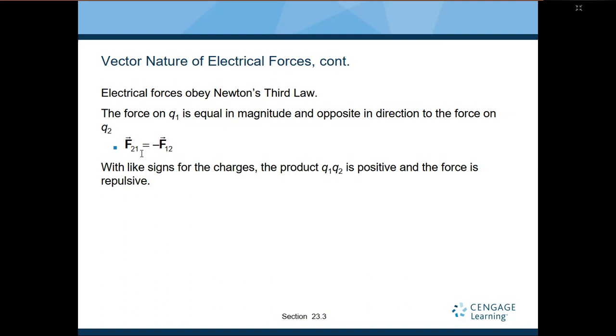So we can denote it as F21 is equivalent to negative F12. With like signs for the charges, the product Q1Q2 is positive and the force is said to be repulsive. That is very clear to us. Pag pareho ng sign, matik, ang kanilang product is positive.